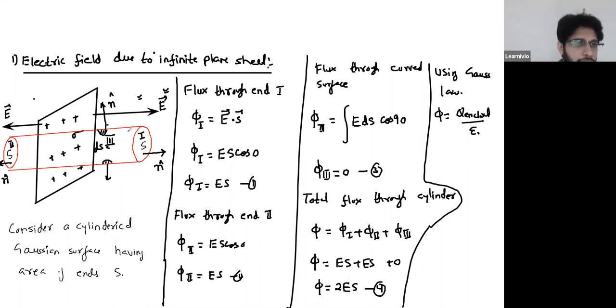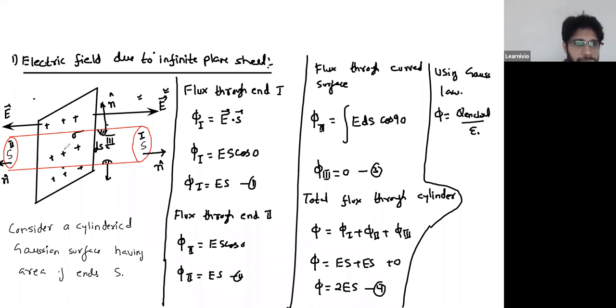Can you guess the area of the sheet which is cut by the cylinder, or the area of the sheet which is inside the cylinder? Fatma? Sheet minus area of cylinder. I'm asking the area of the sheet which is cut by the cylinder, not the remaining area.